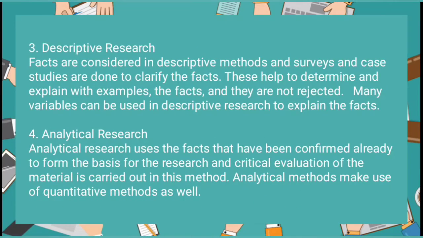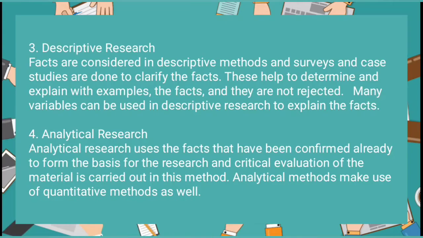Next type is descriptive research. In descriptive research, facts are considered and surveys and case studies are done to clarify these facts. Descriptive research basically helps to determine and explain things with the help of some facts which are not rejected. There are multiple variables which are used in descriptive research to explain the facts.